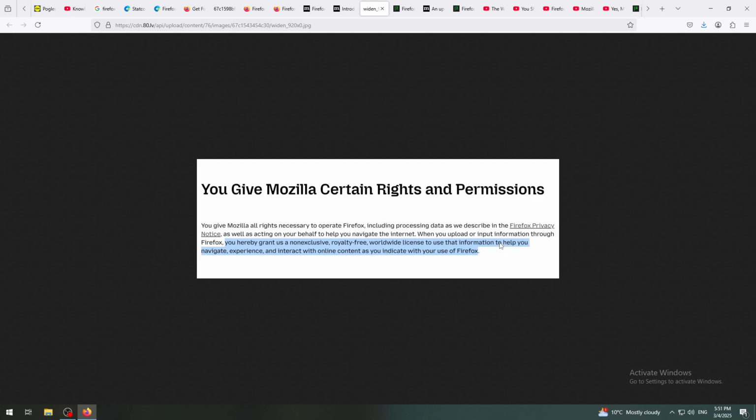But they again try to explain it like: to help you navigate, experience, and interact with online content as you indicate with your use of Firefox. So it's all about they're trying to help you navigate, experience. No thanks. So people actually get mad about this.